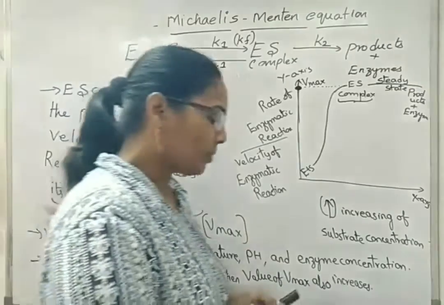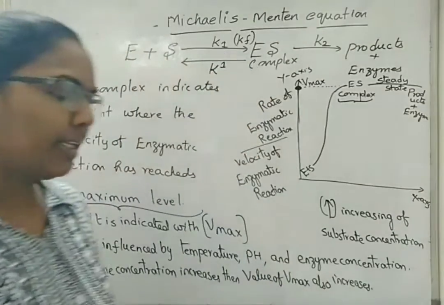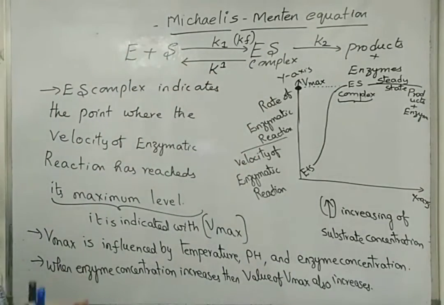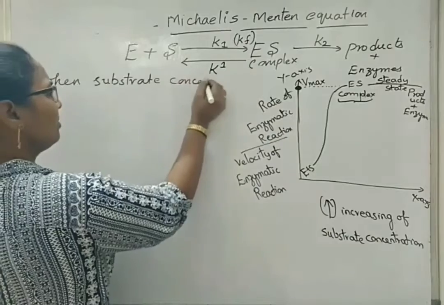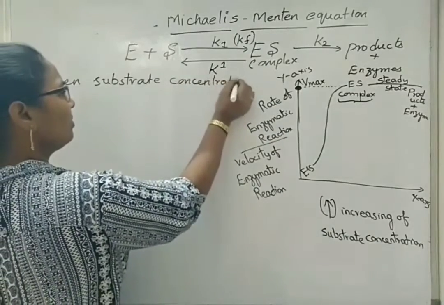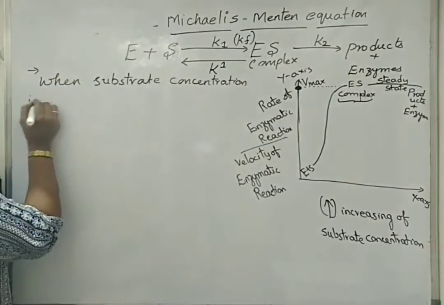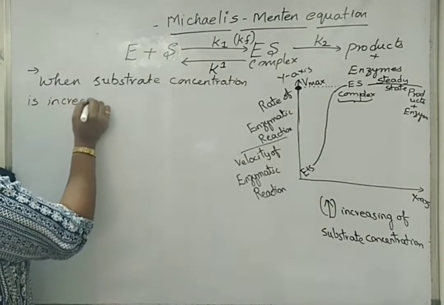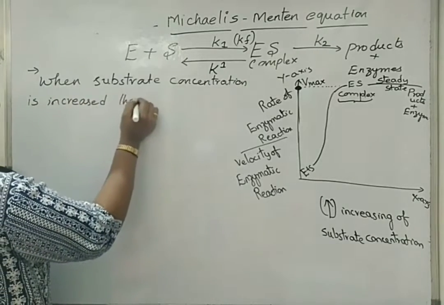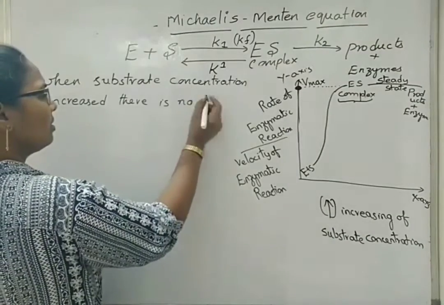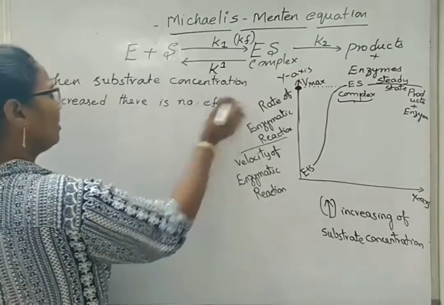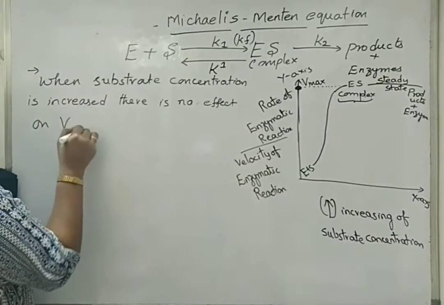So, when substrate concentration is increased, there is no effect on Vmax, that is maximum velocity of the enzymatic reaction.